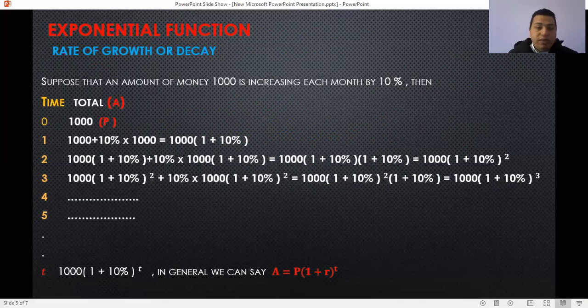Then you can find this formula. Ahmed bought a house for 100,000 pounds, and you plug in 100,000 and 1 plus 5%, which is equal to 5 over 100; you must convert it into a decimal fraction, all to the power 10 years, and then you can find the actual price of the house.